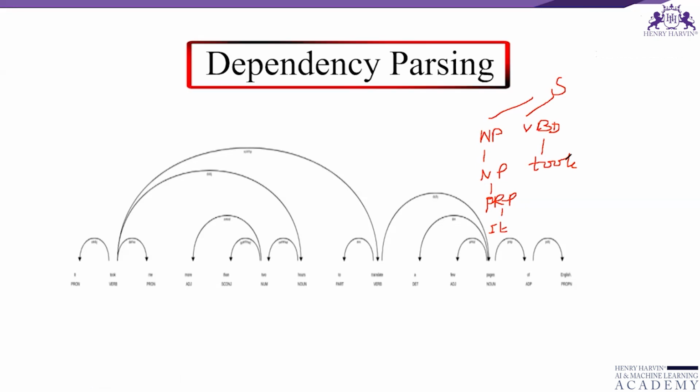What I am trying to say is that NP stands for noun phrase and VP stands for verb phrase. These are the constituent tags. Each sentence is taken and assigned to certain phrases, which is basically constituent phrasing.